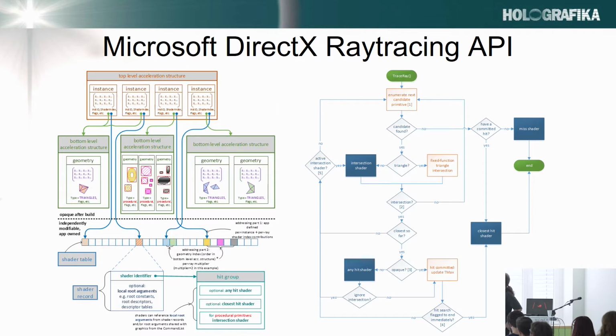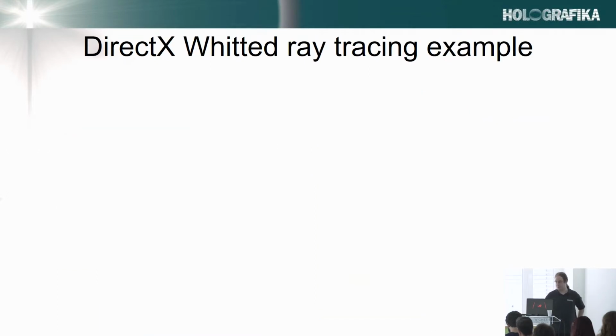And if we have no hits, then we go into the miss shader. You can also check out there is a top-level acceleration structure. This is the only place where you can do transforms, and there is a bottom-level acceleration structure that only handles geometry, either triangles or something custom. You can access shaders via a shader table, and then you can evaluate shading.